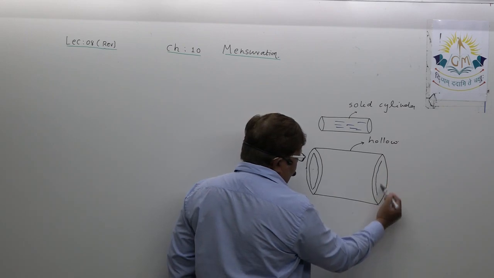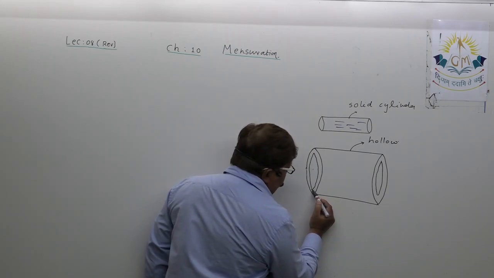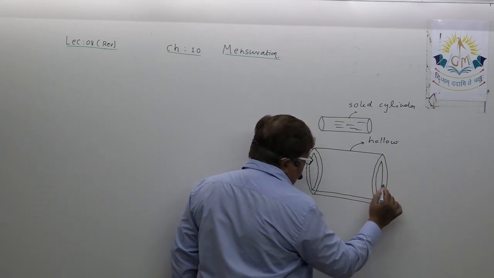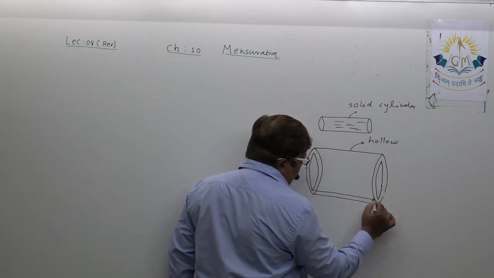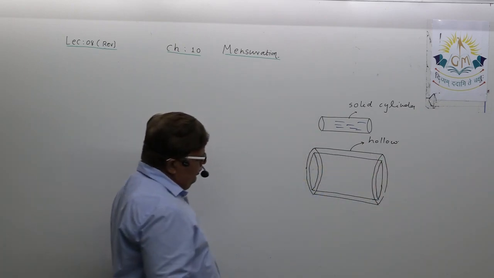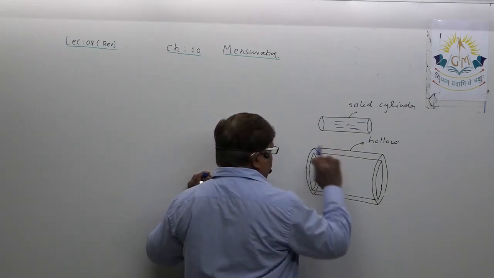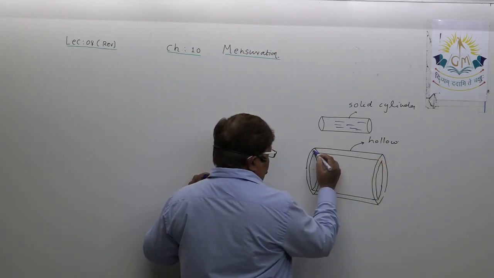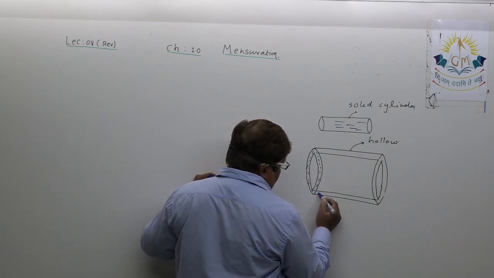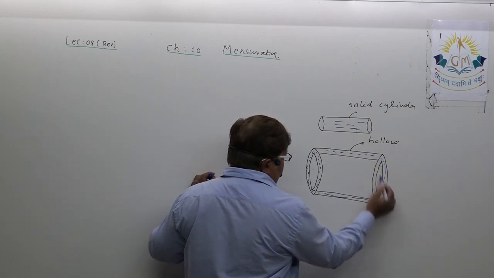Okay, dear student, this inner part shows the thickness. So, dear student, now I am just going to show you this thickness. This is the thickness of the pipe, which I am just shading out. It is actually showing the thickness.